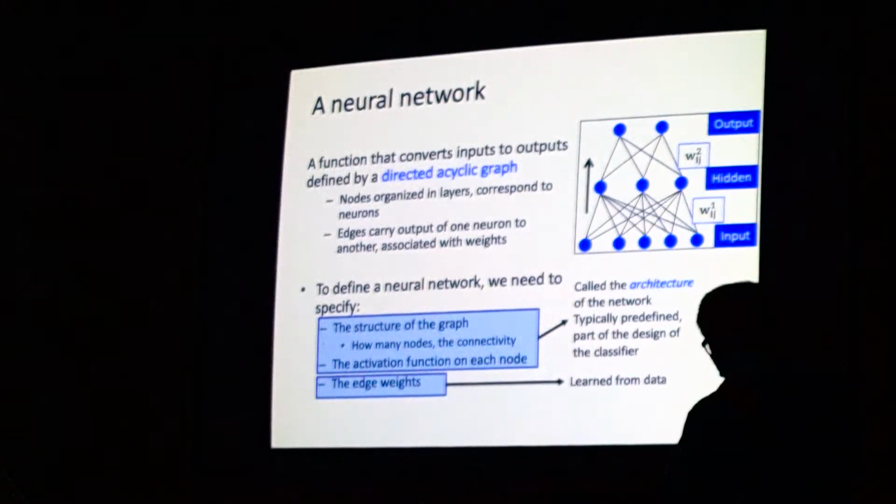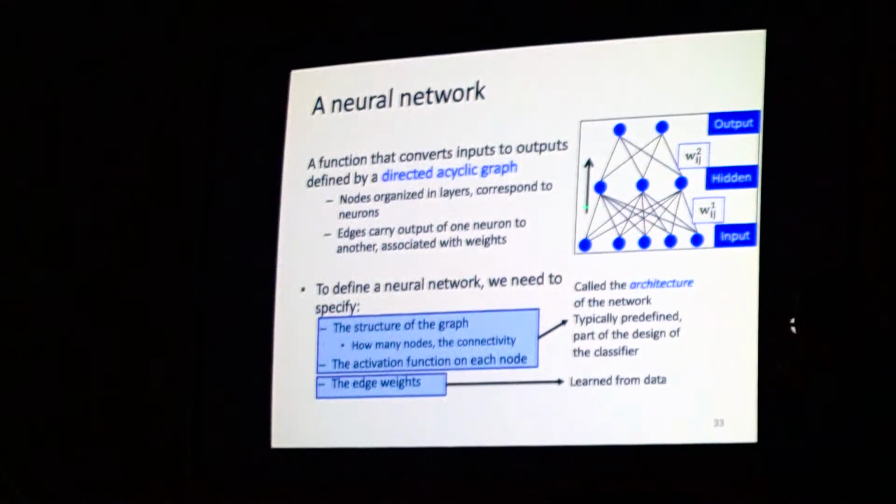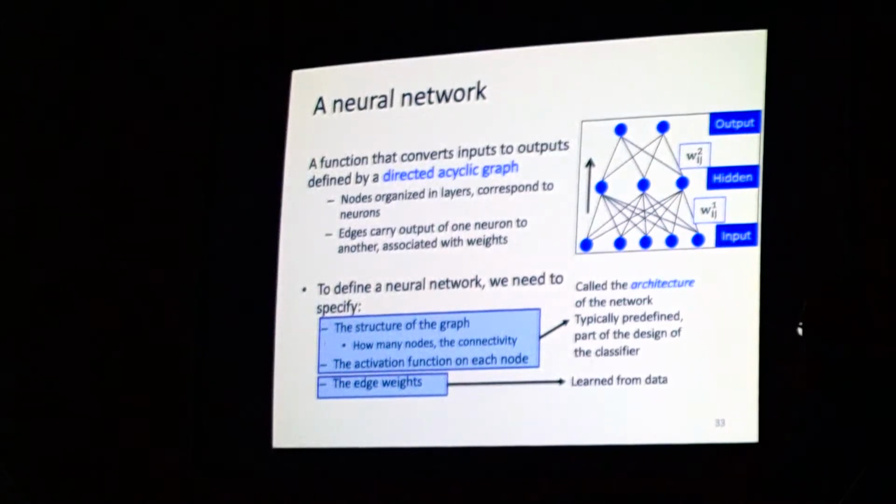So directed acyclic graph means that there's no cycle, and each node represents a neuron and is connected from the neurons in the previous layer. So we can view it as a layered network. The bottom layer is the input layer. The input neurons are just the input features from the data, and those neurons in the input layer are connected to each neuron in the next layer.